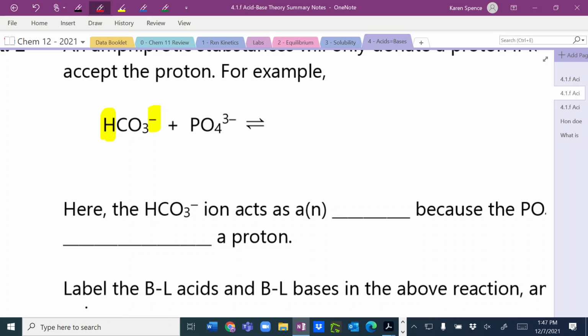PO4 minus has to be the base because it's got no hydrogen, so it cannot act as an acid, which means that HCO3 minus is acting as an acid. So if you have an amphiprotic substance and it's with a base, it's going to act as an acid. If it's with an acid, it's going to act as a base.